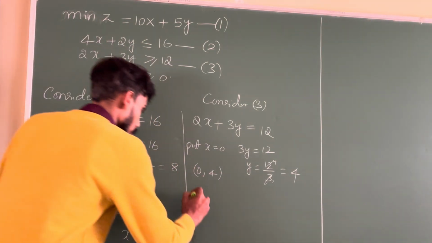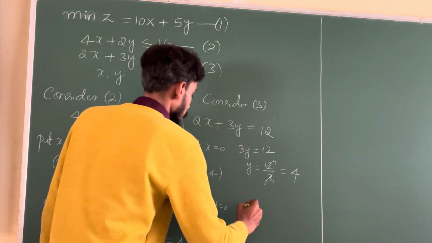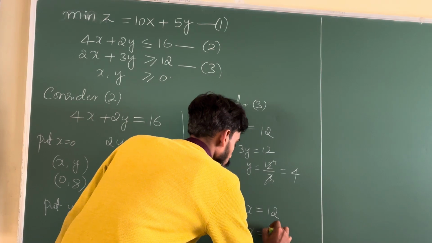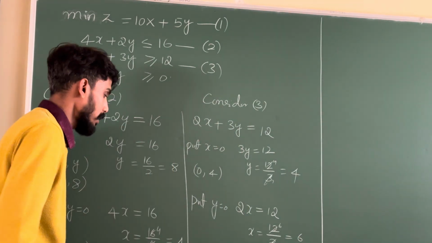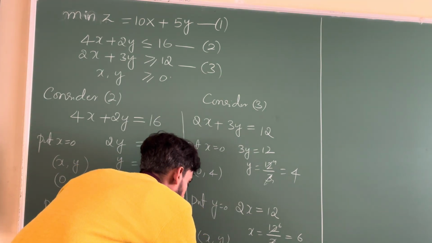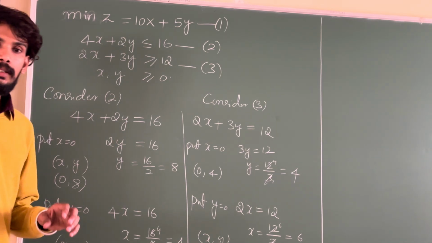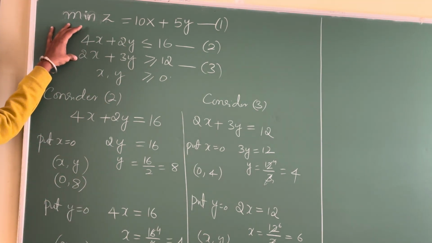Similarly, put y as 0. I get 2x equal to 12, x equal to 12 divided by 2, that is 6. In the form x comma y, I get 6 comma 0. These are the 4 ordered pairs we obtained by solving equations 2 and 3.